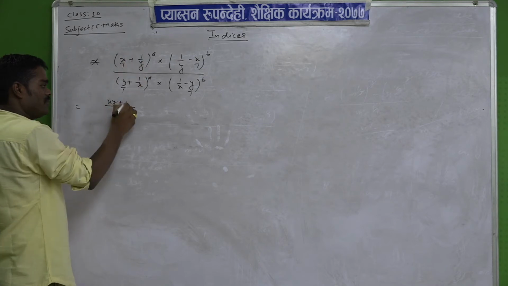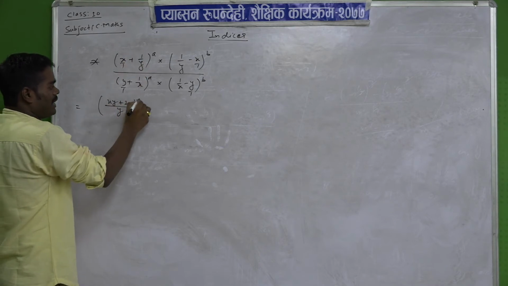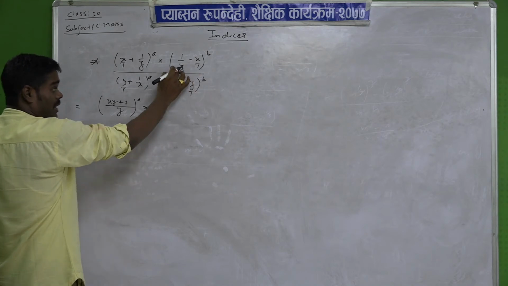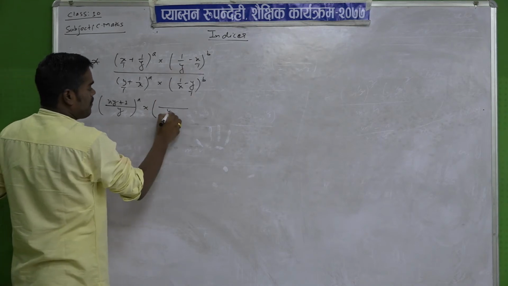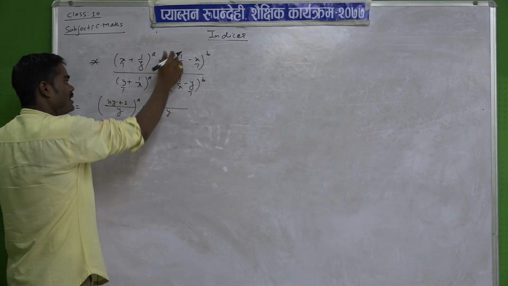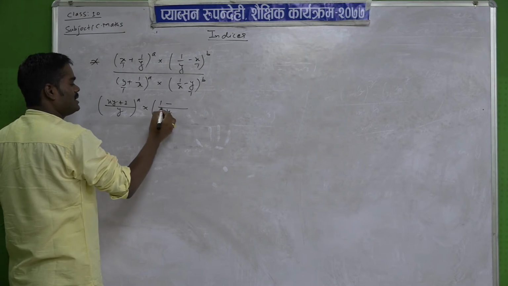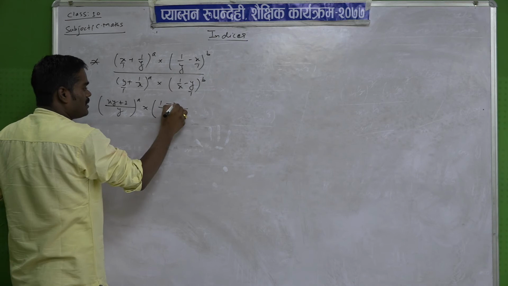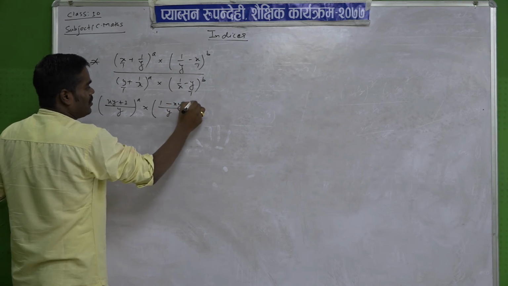So, 1 whole power a into, likewise here also the LCM of y and 1 is y. Cancel, what is left? 1. So, 1 minus xy, y divided by 1 is y, y into x, xy, whole power b.